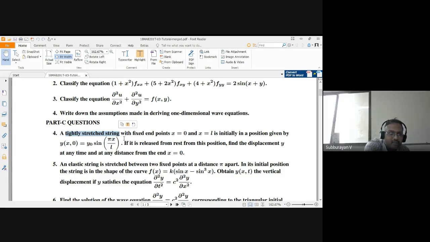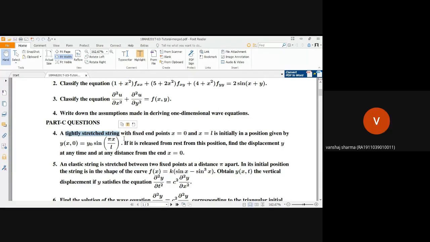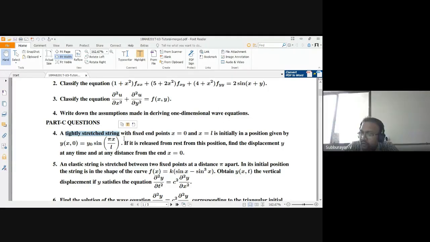Here they have given that it is y. Guys, please note it down while framing the equation. ∂²y/∂t² equal to c² ∂²y/∂x². This is the first equation.